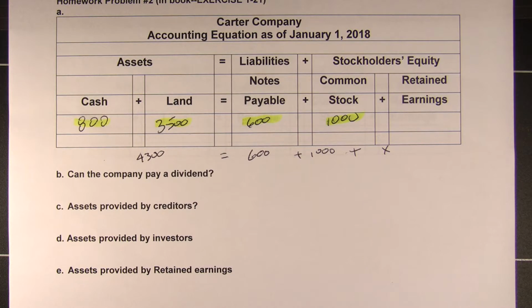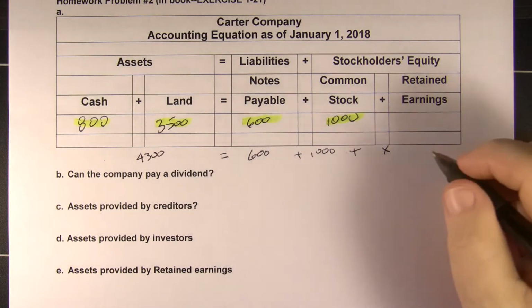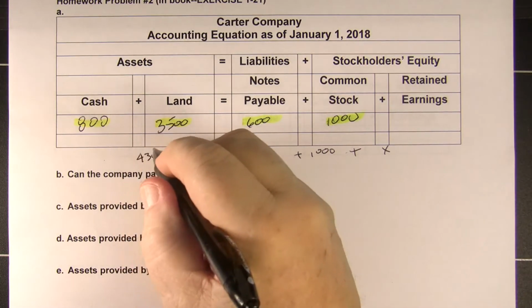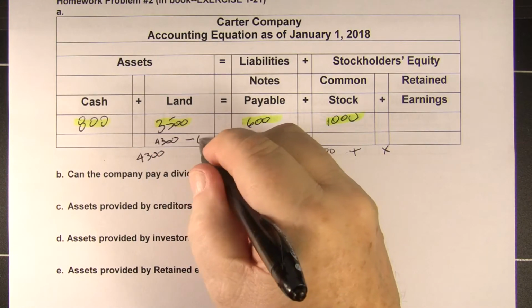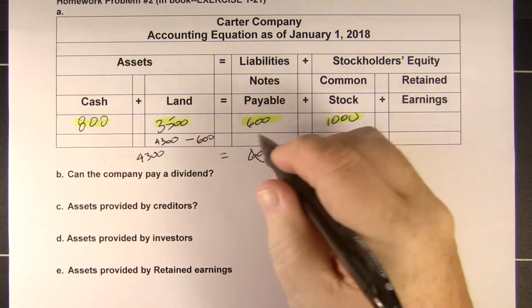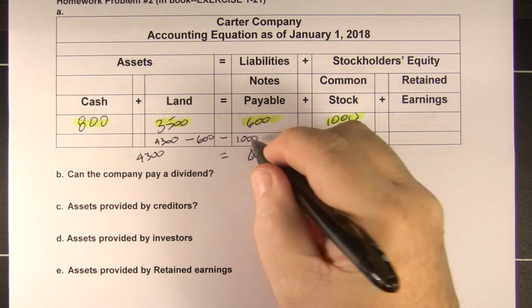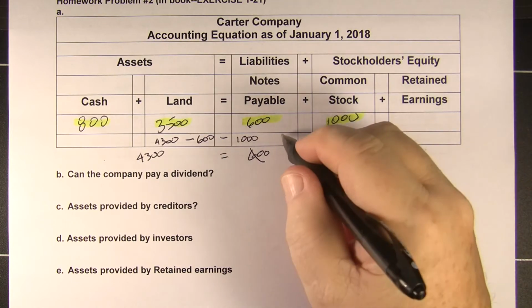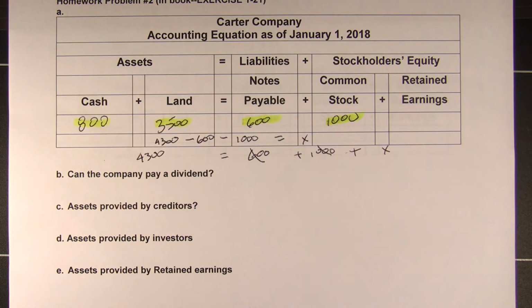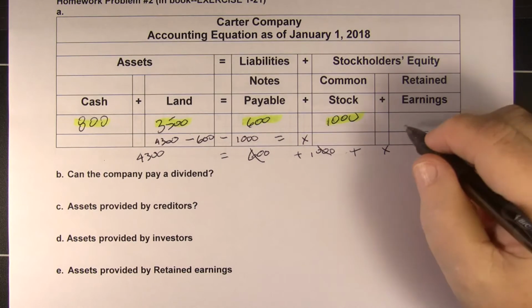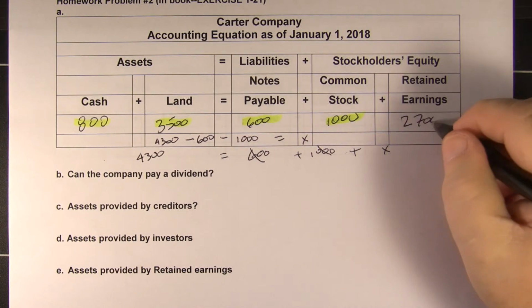And remember that if you want to find out the value of something, you get it by itself. So we'll do that. We'll take the 4,300 minus the 600 minus the 1,000, and that will equal the X. And when you do that math, you come up with 2,700 for retained earnings.